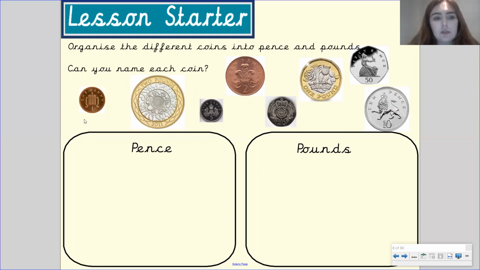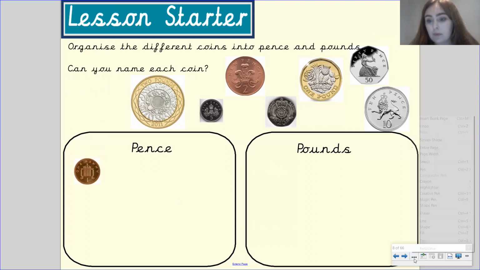Is this 1 pence copper or silver? Pause the video to have a think. Well done if you said it is copper. So this 1 pence needs to go into our pence section, and the way you would write it is by going 1p. So that's how we show 1 pence when we write it.